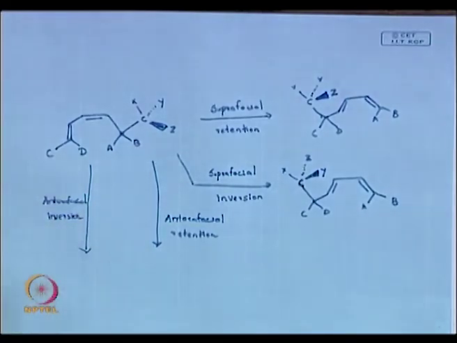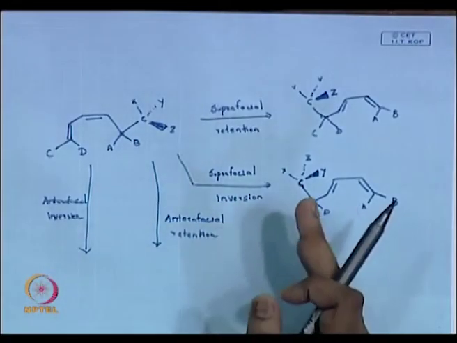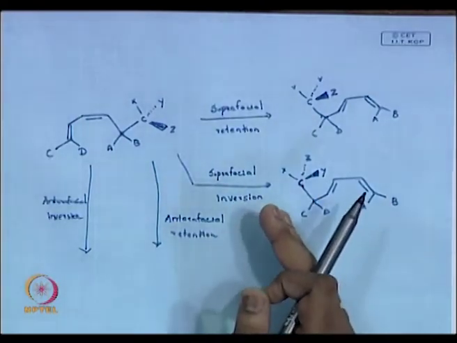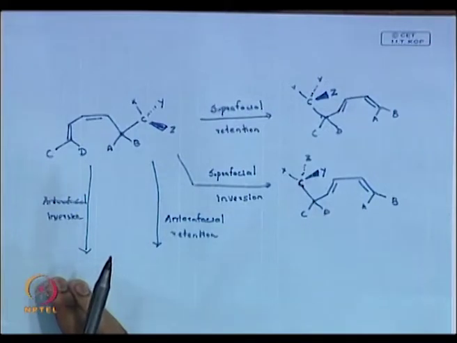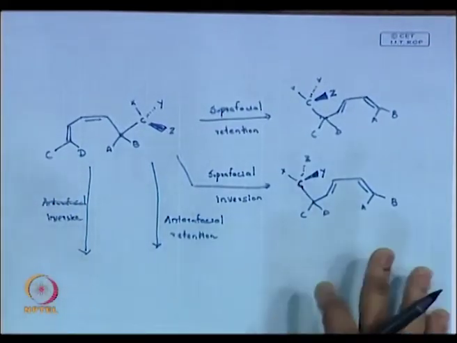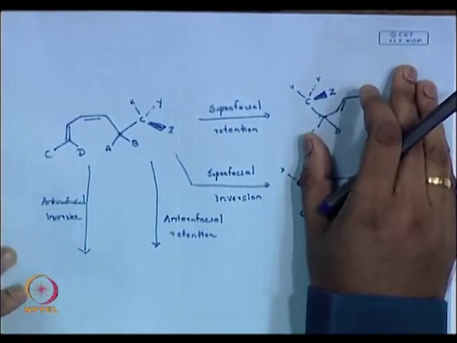See, once it comes to a carbon which is chiral, then you have to think about these four possibilities. One, it can be suprafacial retention, suprafacial inversion, intrafacial retention, and intrafacial inversion. Most of the time, when it is suprafacial, it will be retention.